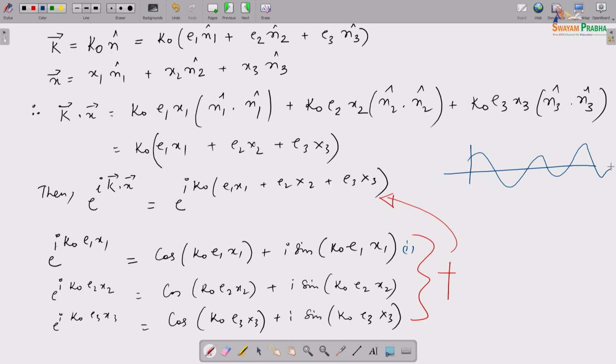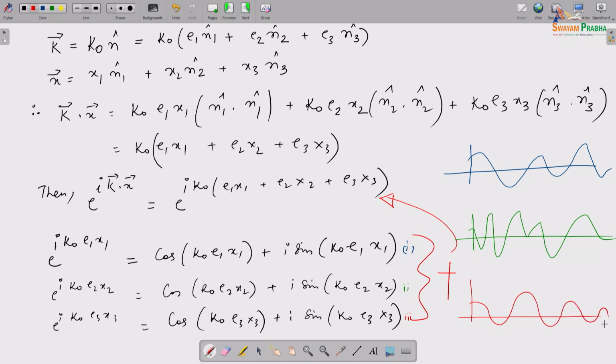The next one, let's just say the second, maybe something like that, right? Now you add all the three. You see the picture developing? You add all the three. What do I mean by that?